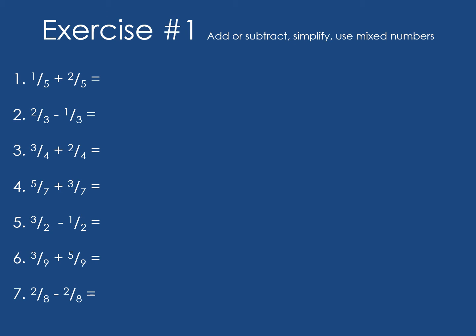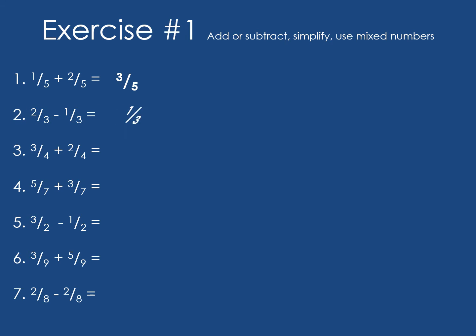Okay, let's have some exercises in adding and subtracting the same denominators, or the like fractions. Okay, in number 1, 1/5 plus 2/5. What is your answer? Yes, of course, 3/5. It's just very simple. Now, 2/3 minus 1/3.